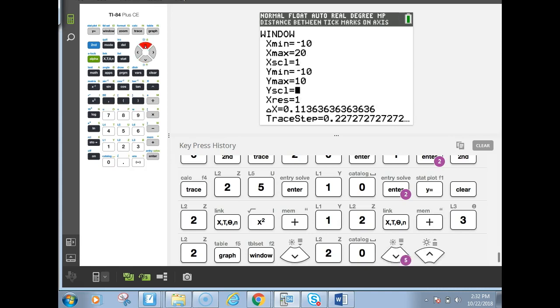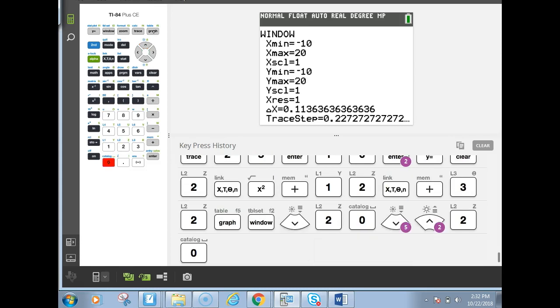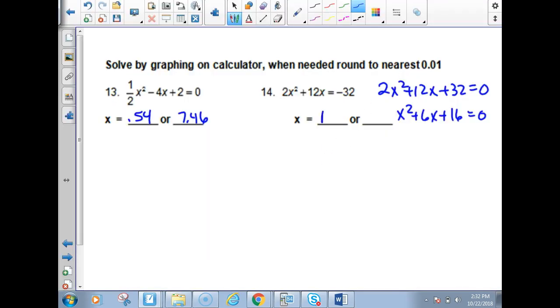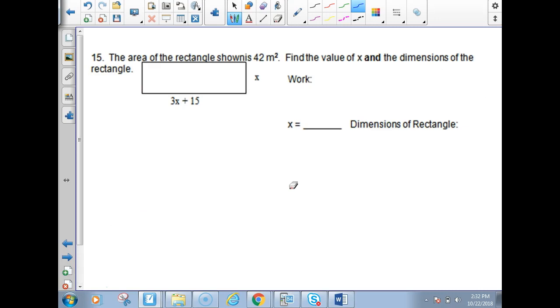Oops. That parabola is opening up. Let's see if I just put in 20 for that one too, and then I'll hit graph again. So this parabola does not have any x-intercepts. I got to see it. So NA or none. Does not cross the x-axis.